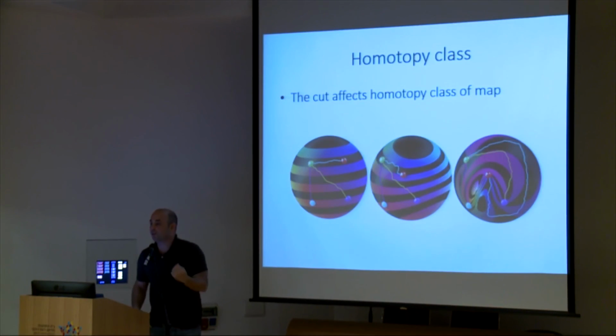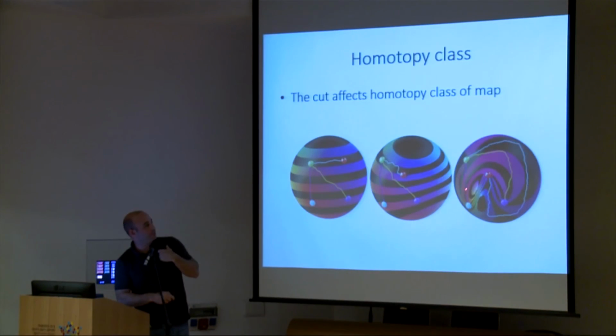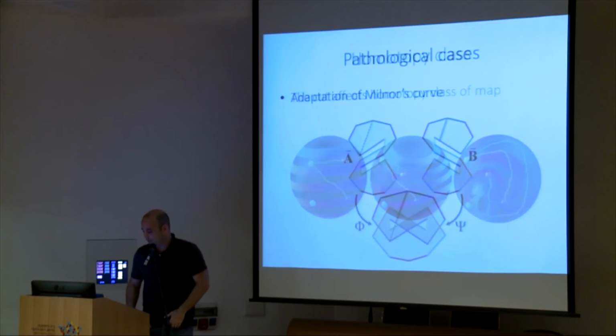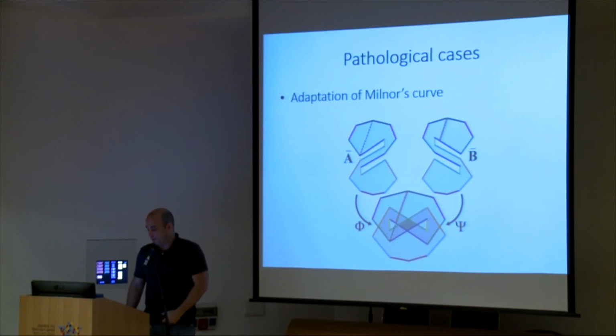This necessarily would produce a mapping which is not homotopic to the first one. So these are two mappings of the punctured sphere. If you take a sphere and puncture it at these four points, these two mappings are not homotopic. You cannot continuously change one to another. So that's where this comes in.